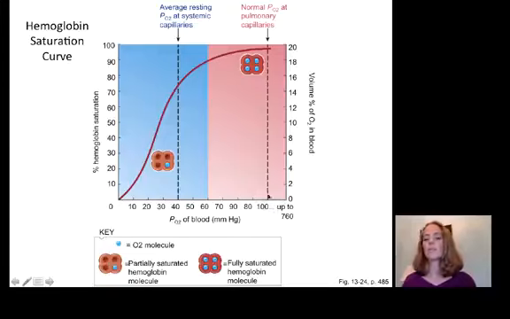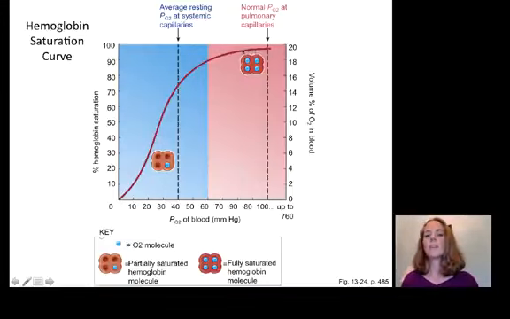We need to go to the PO2 in the lungs, which is 100. And then we follow that value up to the line. Hemoglobin saturation in the lungs is at or very close to 100% saturation. So hemoglobin is going to store and hold on to oxygen when it reaches the lungs.